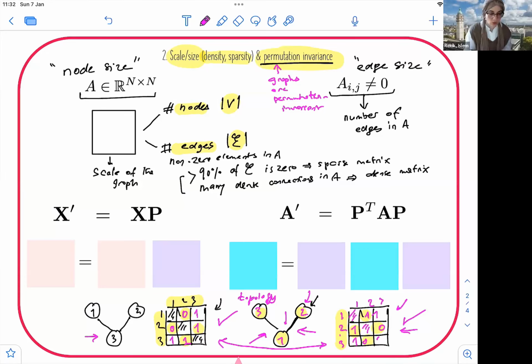So how do you permute a matrix? It's very simple. You take a matrix X, and if you want to permute, for example, node I and J, in this matrix P, you need to put 1 here, and the rest you set to 0. That's called a permutation matrix.